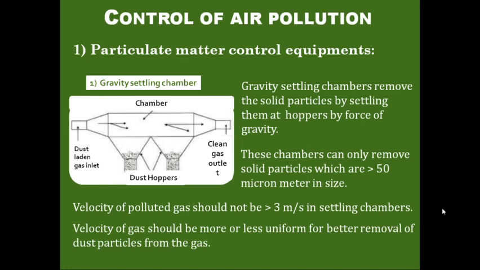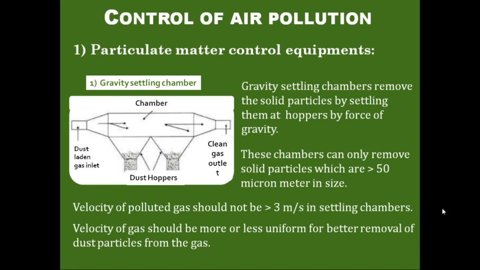The velocity of gas should be more or less uniform, because if there is a difference in the velocity of gas, then that will create turbulence inside the gravity settling chamber, and in such cases all the settled particles will again reach the chamber area, and the efficiency of this gravity settling chamber will drop down.